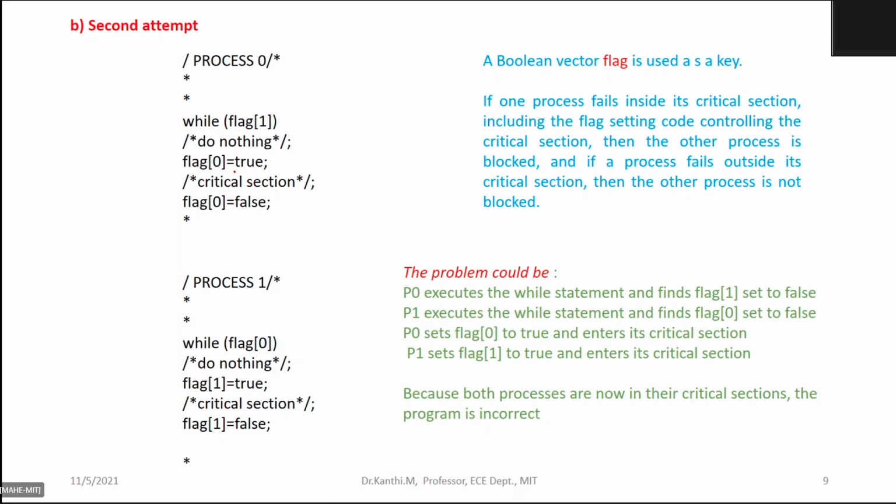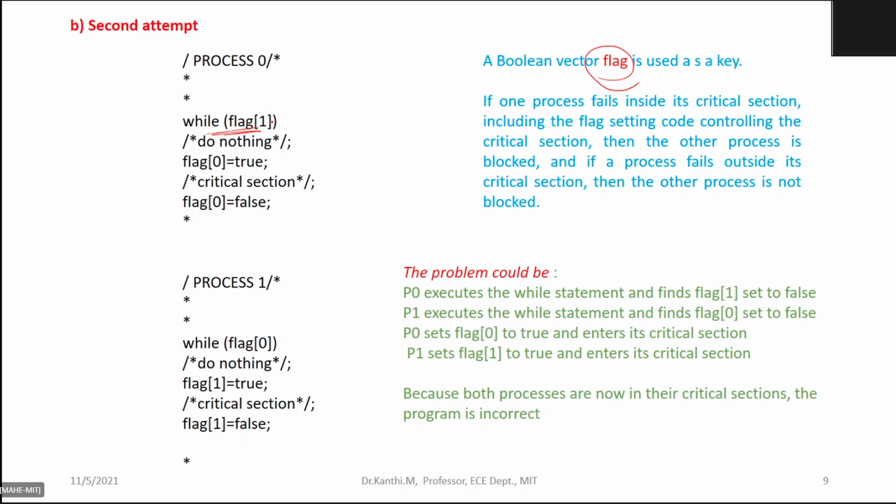Here they have used an additional variable, something like a Boolean vector. A flag is used as a key. In this case, you just check while flag 1. You check for that particular Boolean vector.